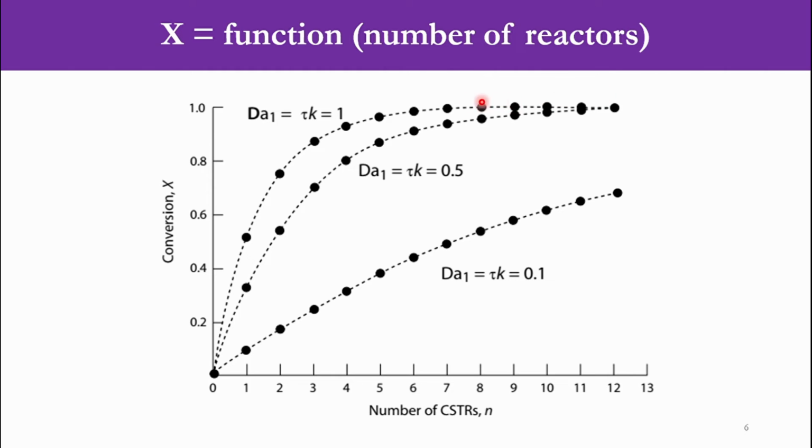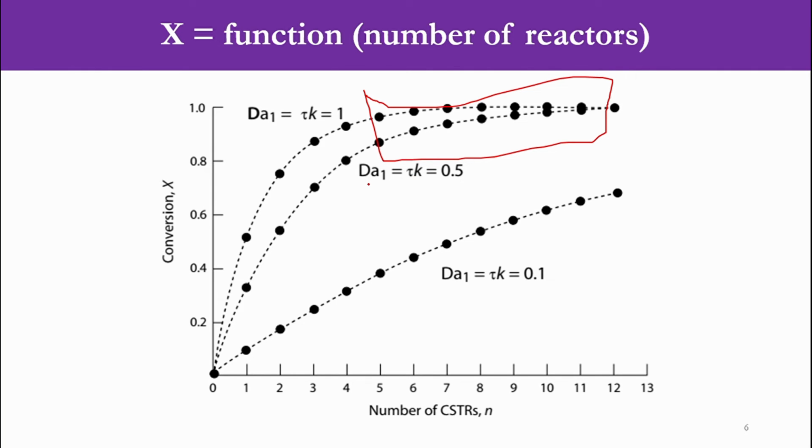But you can see this trend over here. If you see this trend, there is no appreciable change. So approximately after 5 reactors, there is no significant change in the system. For high values of Damkohler number, keep in mind there is a variation of Damkohler number over here, and we have earlier seen that with the increase in value of Damkohler number, the conversion increases.